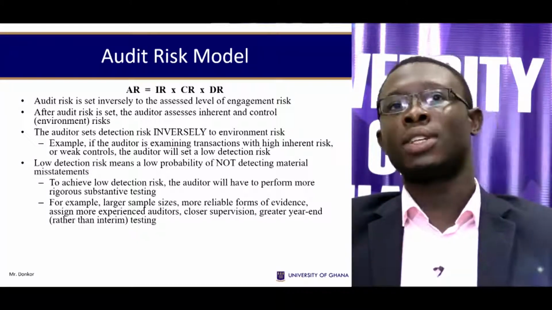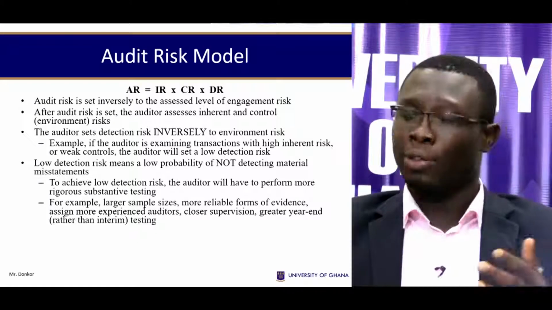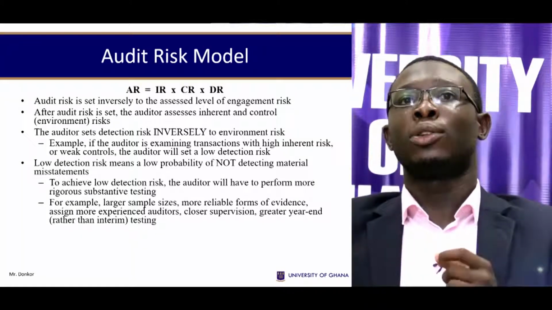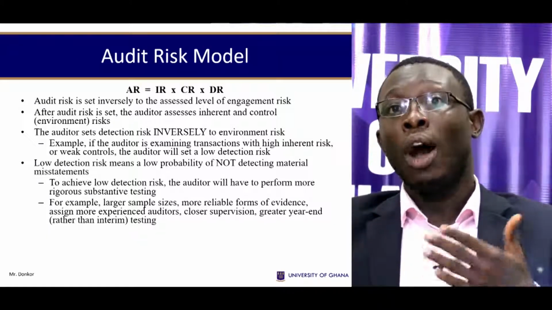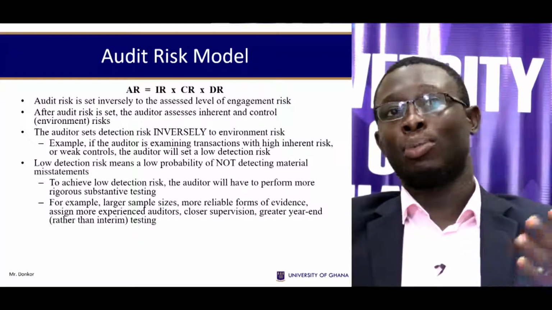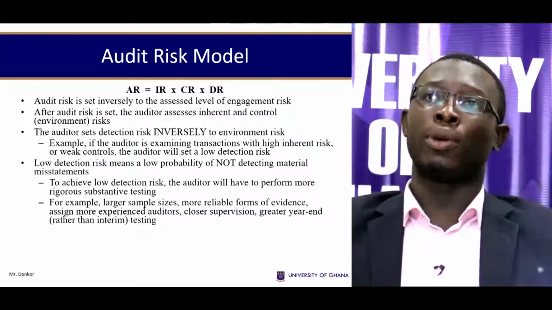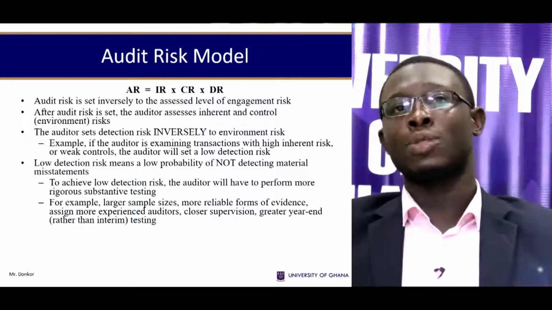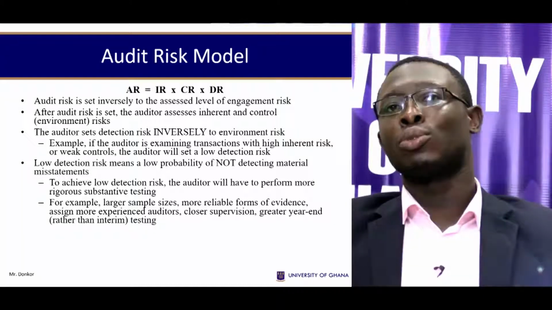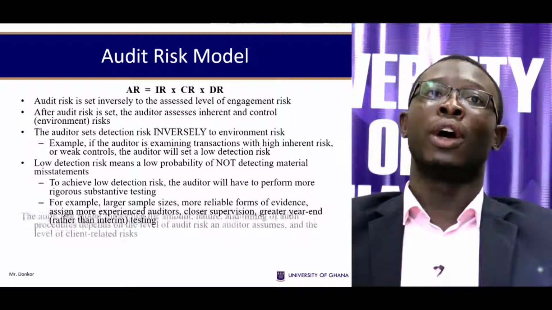Low detection risk means a low probability of not detecting material misstatements. Therefore, to achieve low detection risk, the auditor will have to perform more rigorous substantive testing. For example, larger sample sizes, more reliable forms of evidence, assigning more experienced auditors, closer supervision, greater year-end testing, and so on and so forth.